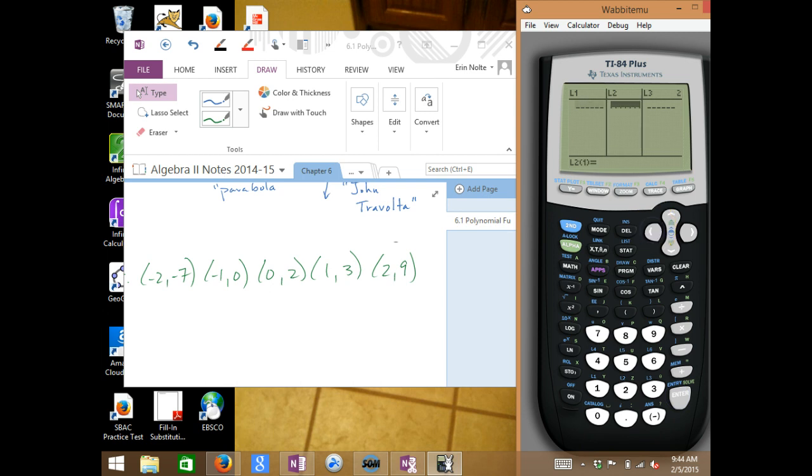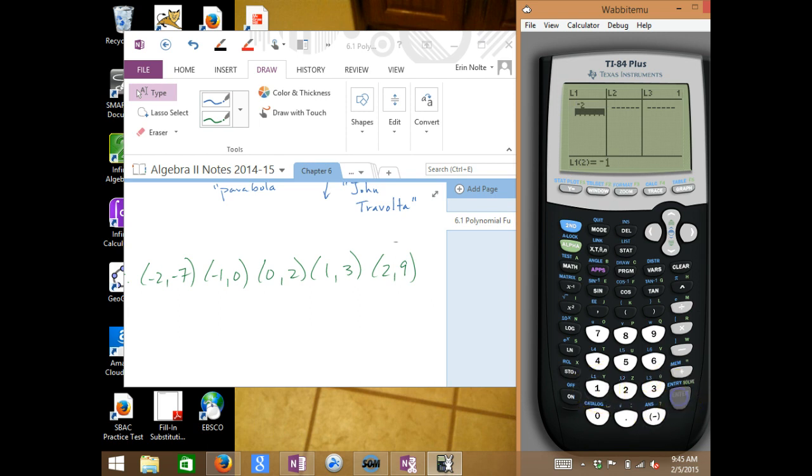Okay, once I've done that, what kind of values am I going to put into the list 1? The x's. So all of the x values go into list 1. So I have -2, -1, you guys are going to be way faster than me.